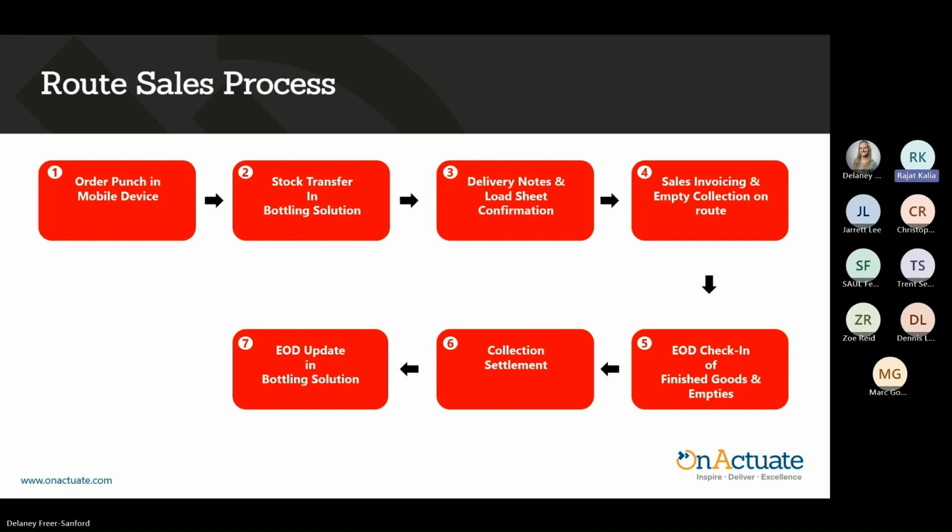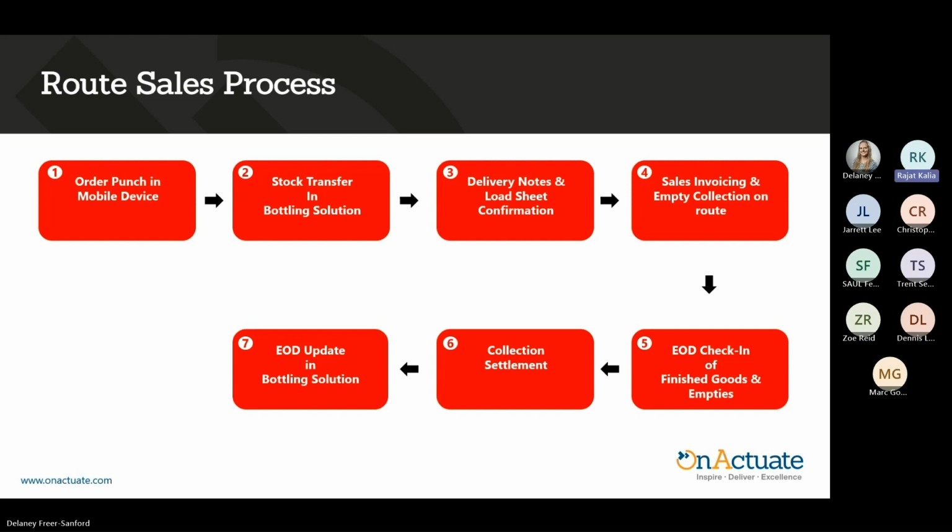Then John, back at the office, settles the collected payments from the day's sales. Using the system, he reconciles the payment details with the recorded sales invoices, ensuring a transparent and streamlined financial process. Lastly, the backend team performs an EOD update in the bottling solution, which summarizes the day's activities.